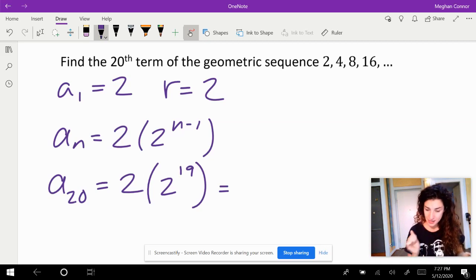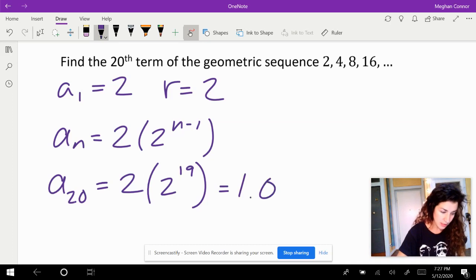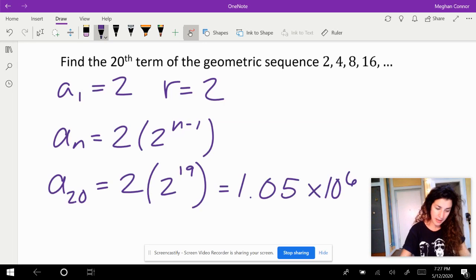I'm going to write this in scientific notation because my calculator gave it to me in scientific notation. Remember when you have the E at the end, that's your scientific notation in disguise. So we've got 1.05 times 10 to the 6th power.